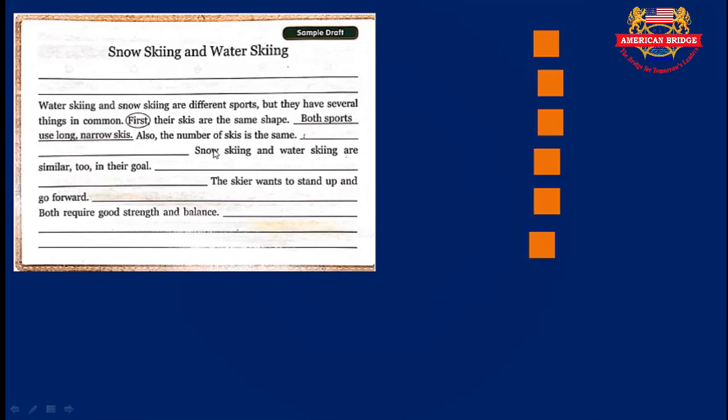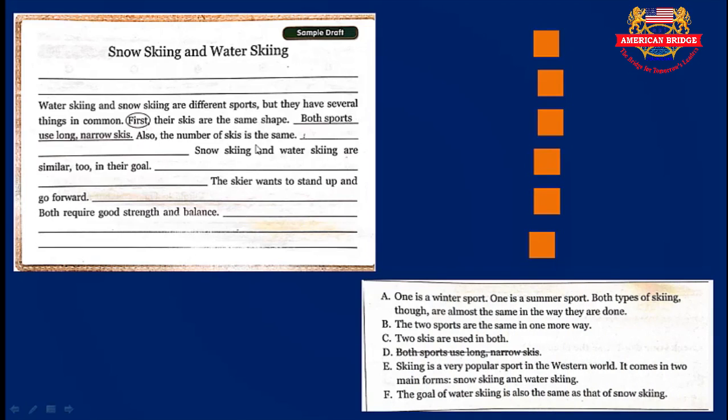First, the word here we call a time order or signal word as well. Their skis are the same shape. Both sports use long, narrow skis. Also, the number of skis is the same.